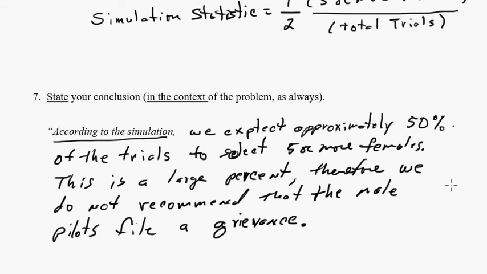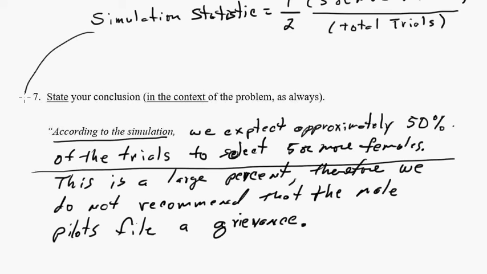Okay? So this last part, so there's kind of two parts to this, and maybe if I thought through it I could write it just a little bit better. But the first part is interpreting the response variable. Okay? And then the second part is sort of mapping back to the question.